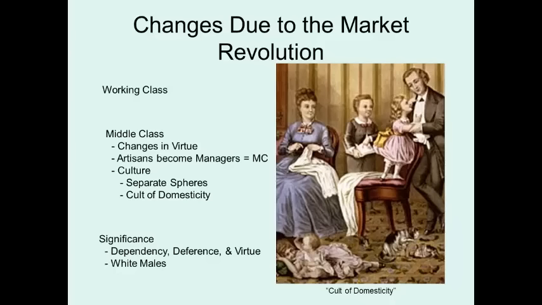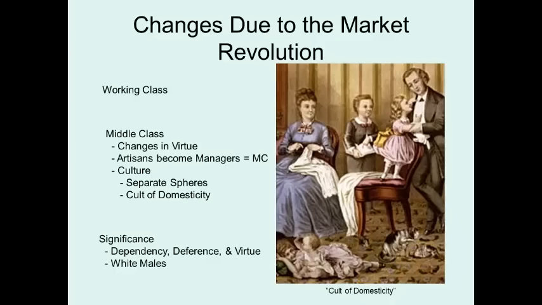The public sphere was the world of men, and this was the world outside the home. So men are expected to be doing the stuff outside the home. They're expected to be the main breadwinner. They're expected to bring in the money. They're expected to deal with business. They're expected to deal with politics. And this is where that idea comes from.